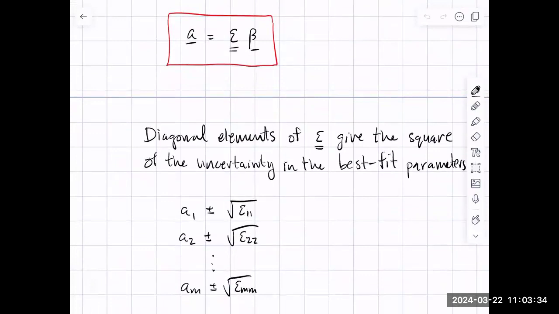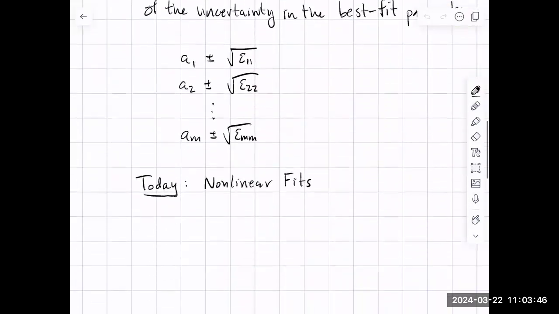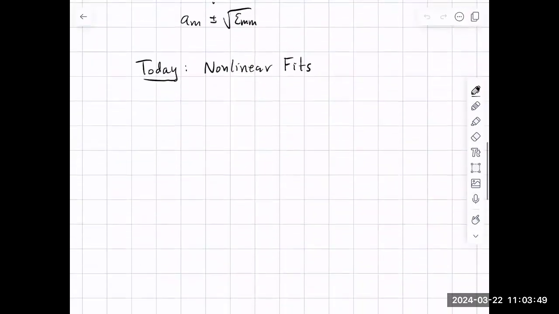It tells us the square of the uncertainty, so the diagonal elements, if you take the square roots of them, give you the uncertainties in all your best fit parameters.